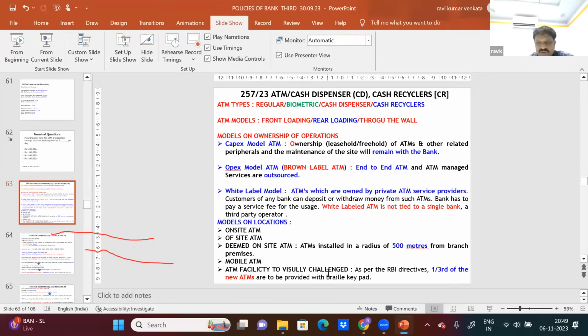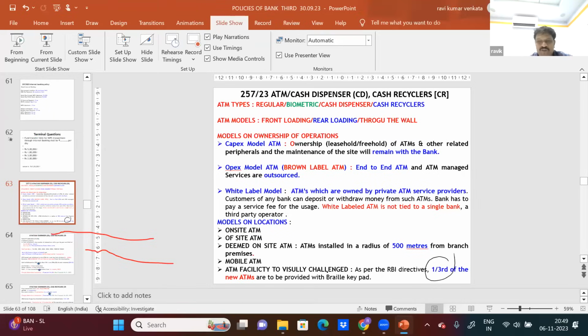Then ATM facility for the visually challenged. The most important point is, as per directions of RBI, 1/3 of the new ATMs are to be provided with a Braille keypad so that visually challenged people can use the ATM. Now you tell me, when RBI is saying 1/3 of the ATMs should have facility for the visually challenged, can we say we cannot give a debit card to the visually challenged?